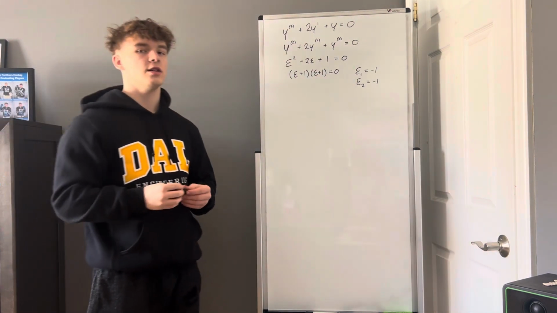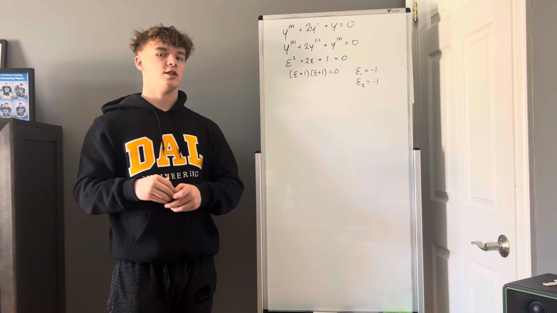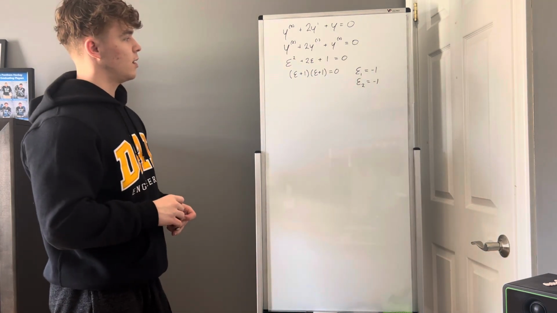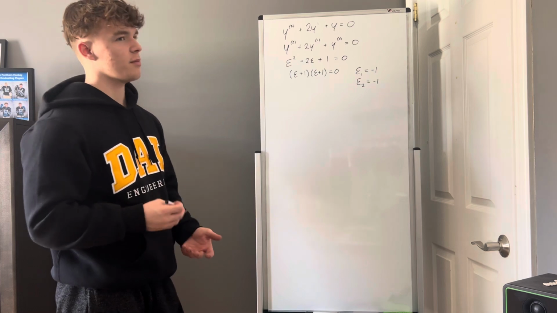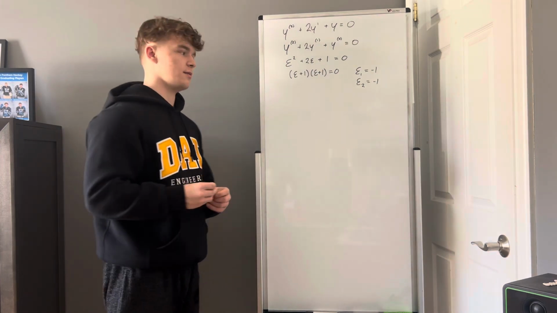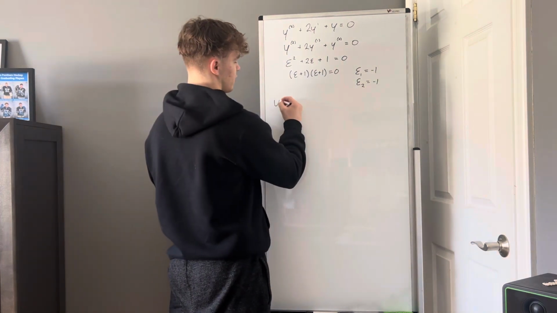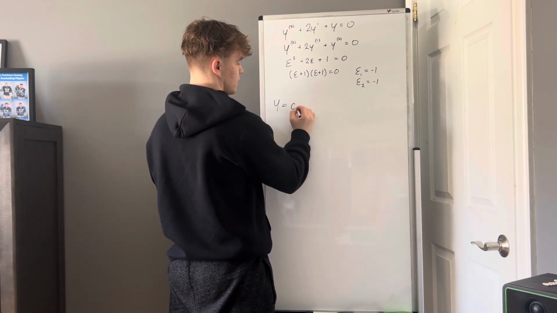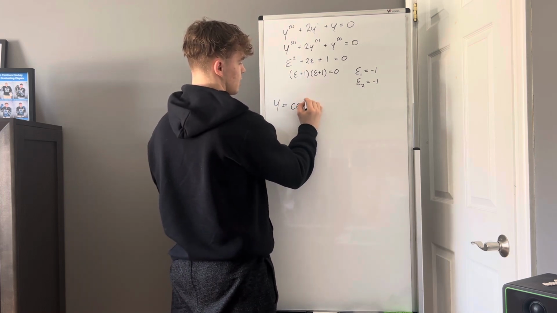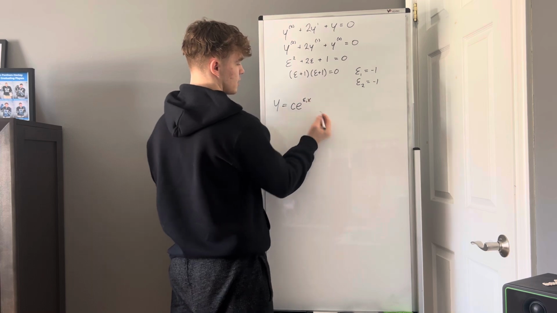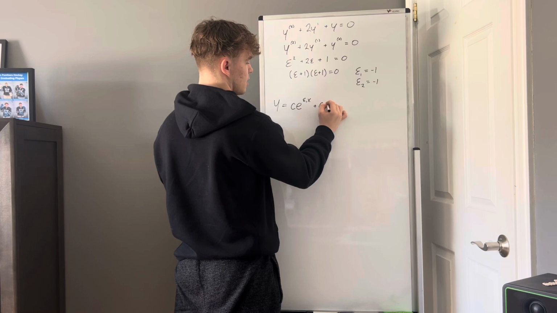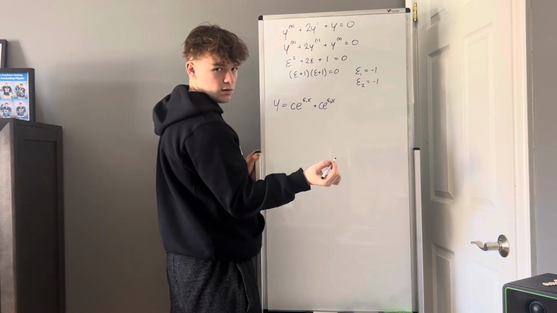So now let's get into the general solution for homogeneous differential equations. Now, this might seem complicated at first, but it really isn't. We have the general solution y equals c times e to the epsilon 1 times x, plus c e to the epsilon 2 x.